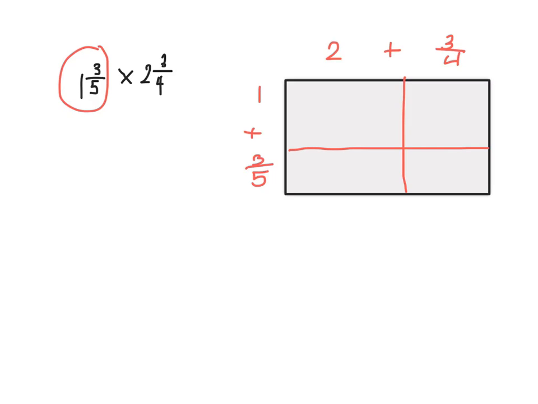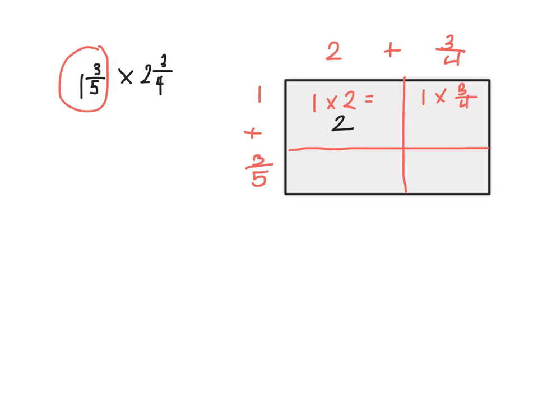And now I am going to multiply the different pieces. So this is 1 times 2, and the answer to that is 2. And now I'm going to do 1 times 3/4.